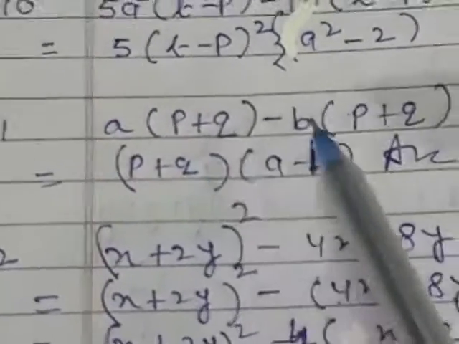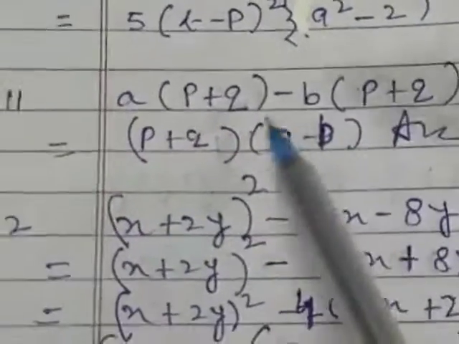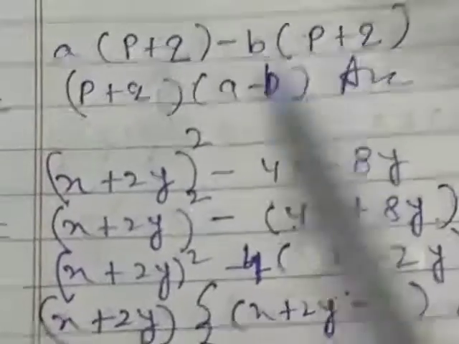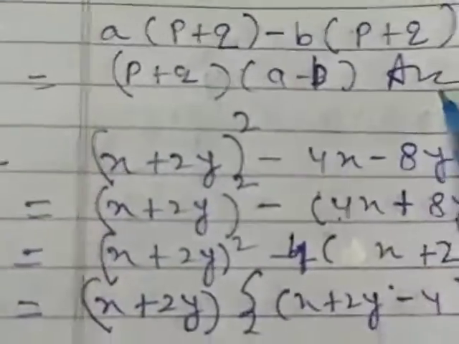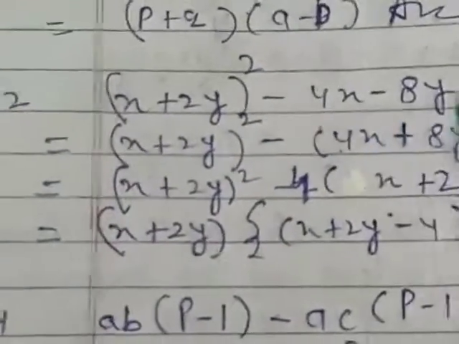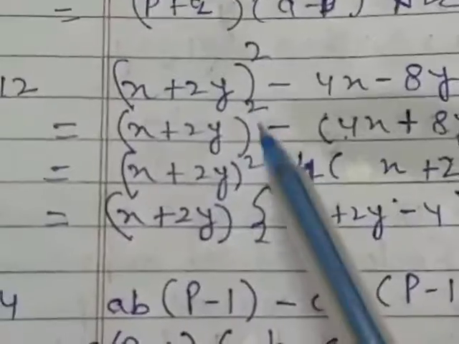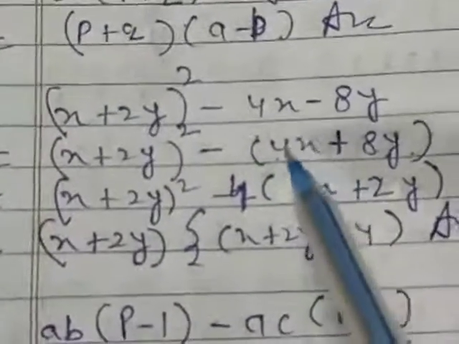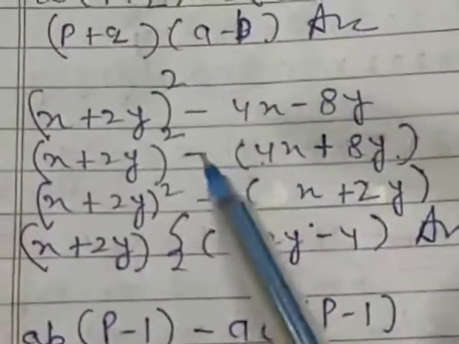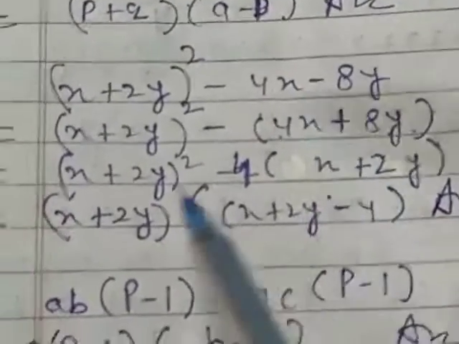Question number 11: a into p plus q minus b into p plus q. Again the same process: p plus q is common and cancels out, here we get a, and minus b is the answer. Question number 12: x plus 2y whole square minus 4x minus 8y. Here we pair the terms, minus 4x minus 8y. Taking minus 4 as common, we get x plus 2y whole square minus 4 into x plus 2y.